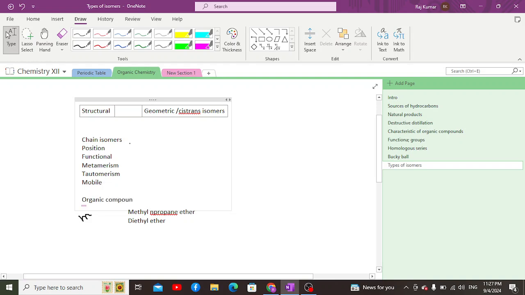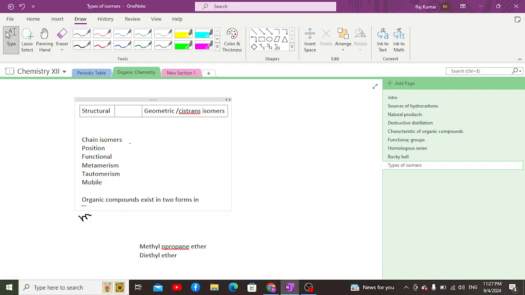Organic compounds exist in two forms, in equilibrium with each other.